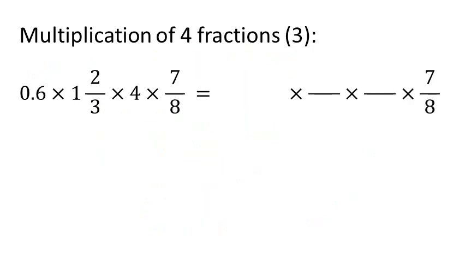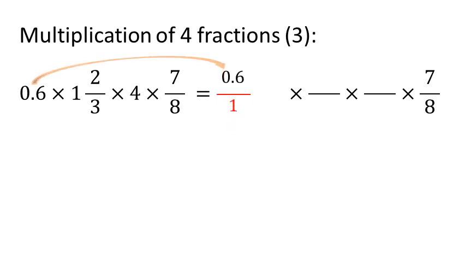Let's see the last example. 0.6 times 1 and 2 over 3 times 4 times 7 over 8. A decimal 0.6 can be changed to 0.6 over 1.